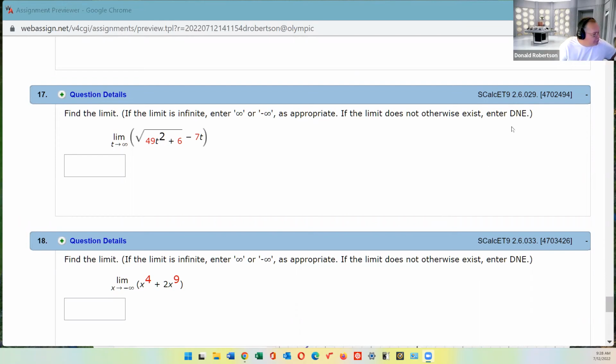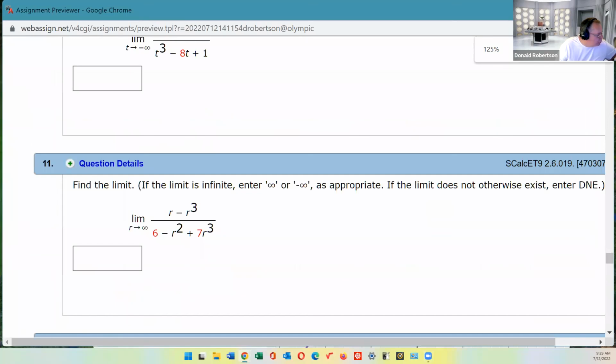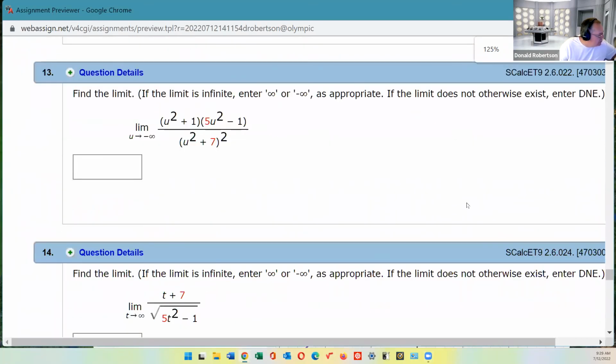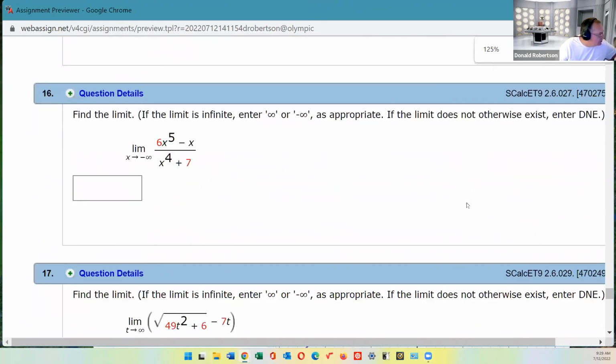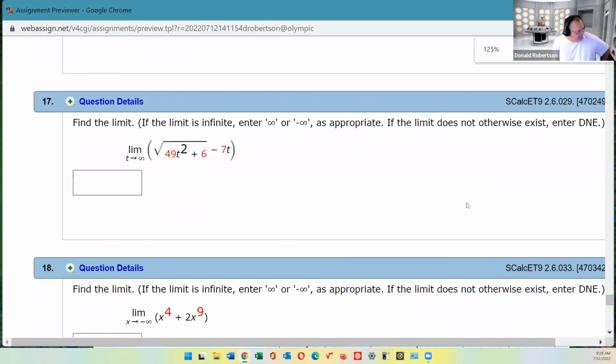The first one I want you to look at is question 17, which is really quite exceptionally different. Can you trust me that WebAssign has written this really weirdly? I don't know why it's formatting so badly, but this is basically the square root of 49t squared plus 6, take away 7t.